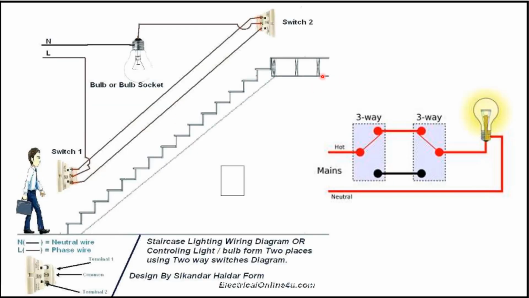So this is the application of the three-way switch, if you are downstairs and there's another switch at the top. This application can be seen commonly on emergency exits or any stairway or staircase application.